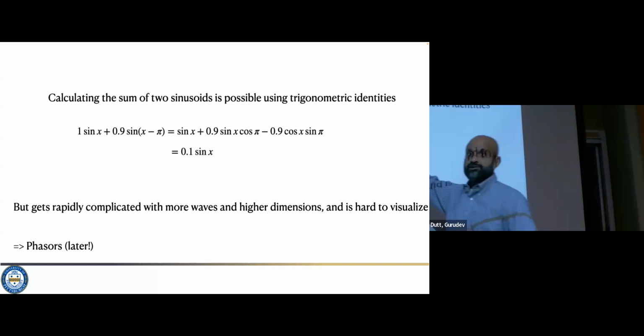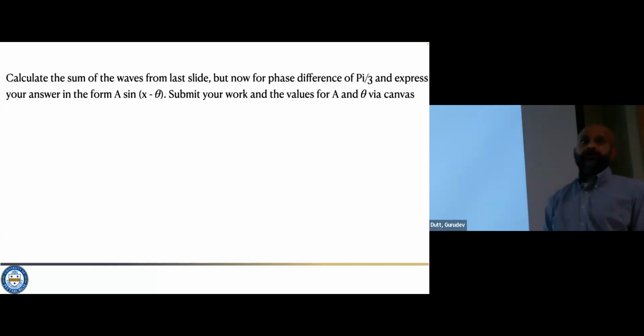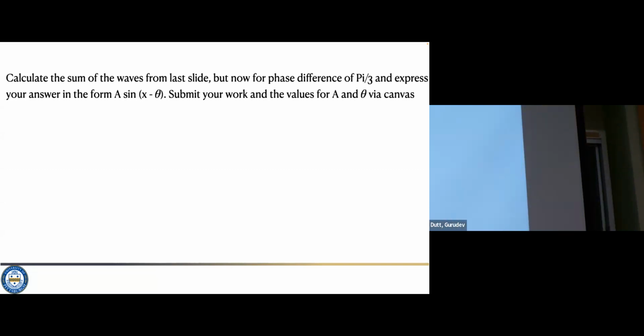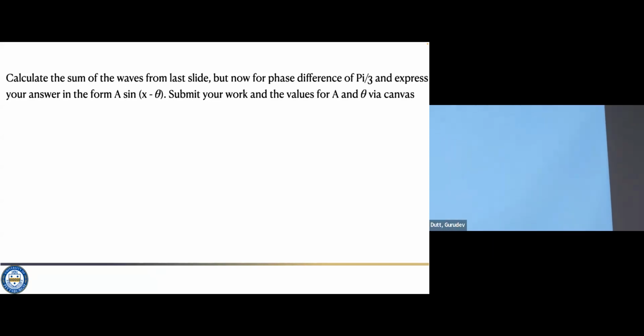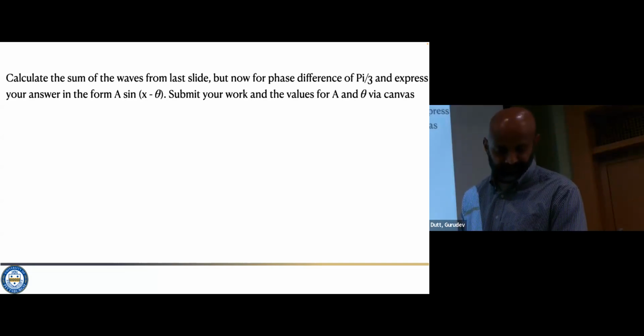Meaning, just repeat what I did here with the pi phase difference, but with pi over 3. And find the value now in terms of a sine x minus theta. You'll get some answer, but you have to express it in terms of a sine x minus theta, or kx minus theta. And report the values of a and theta in Canvas. It's posted on Canvas, so you'll see the assignment there.